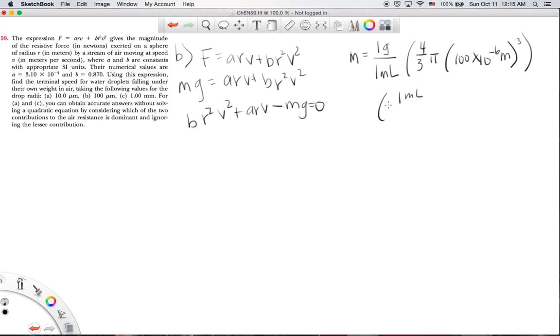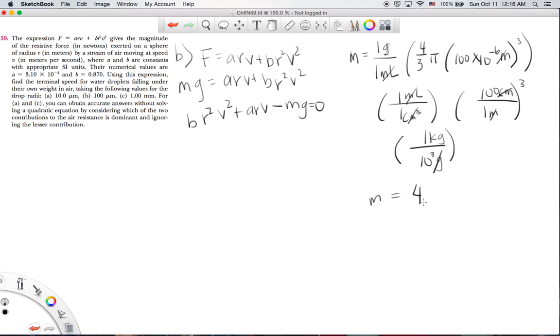A milliliter is a cubic centimeter, and there are 100 centimeters in 1 meter, so we cube that so that these cancel and these cancel. But again, we want the mass in kilograms, so 10 to the third grams in 1 kilogram, and grams will cancel, milliliters cancel here. And then we'll get our mass in kilograms is 4.189 times 10 to the negative 9th kilograms.